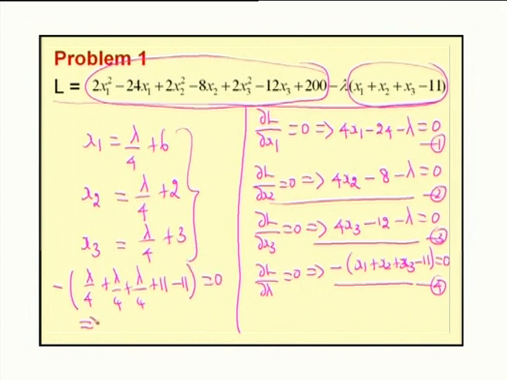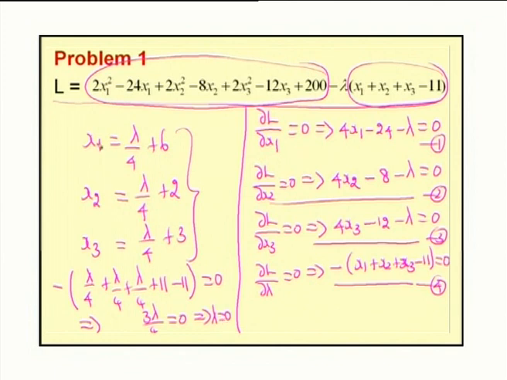By simplifying this equation, we get 3 lambda by 4 equal to 0, which gives us lambda value equal to 0.